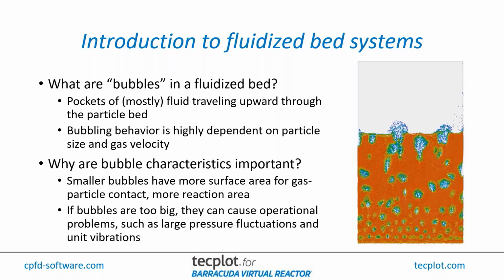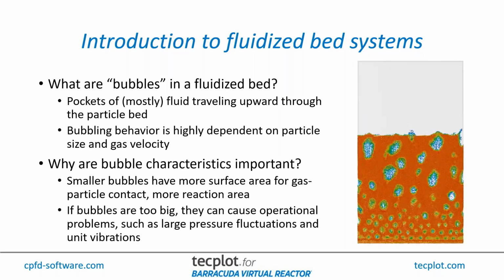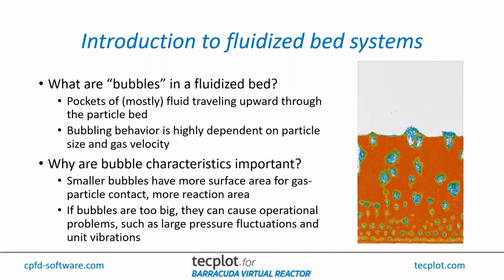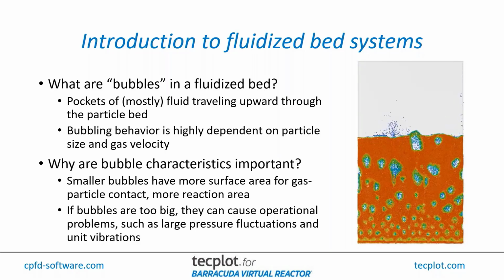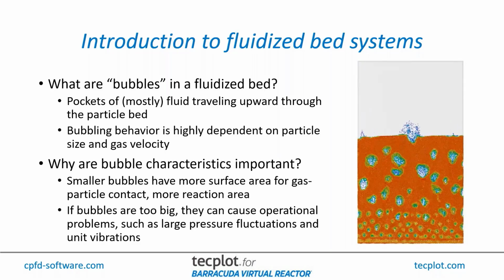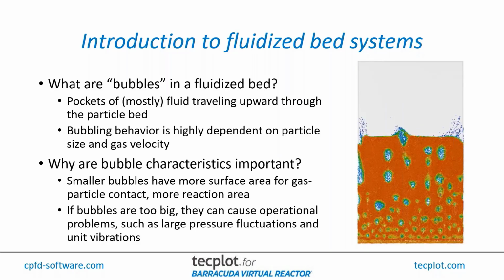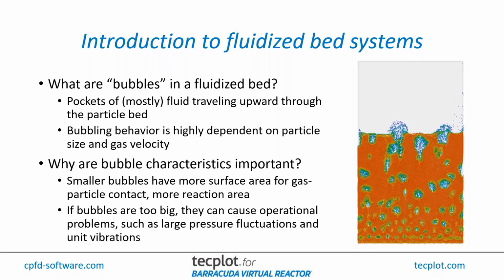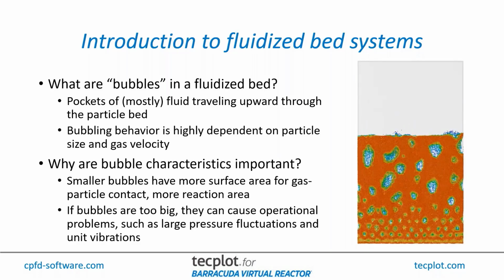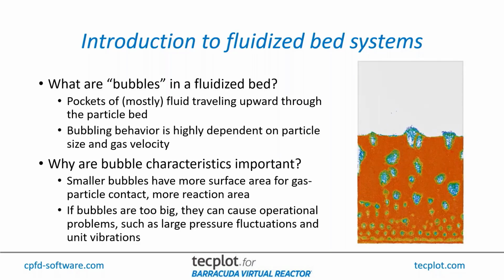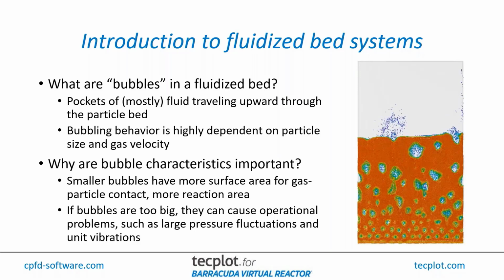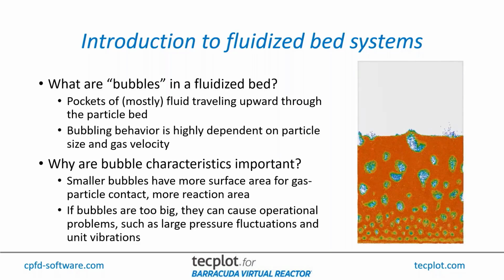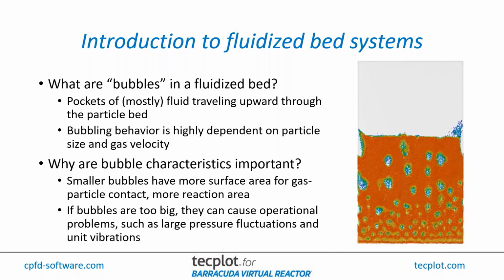Engineers designing and troubleshooting fluidized beds care about bubble characteristics because they can have a significant impact on unit performance. Small bubbles have much more surface area for the gas to contact the particle phase, and this can often lead to faster chemical reaction rates and better system performance. And if the bubbles get too large, the unit can start experiencing large pressure fluctuations and even structural vibrations in some cases.